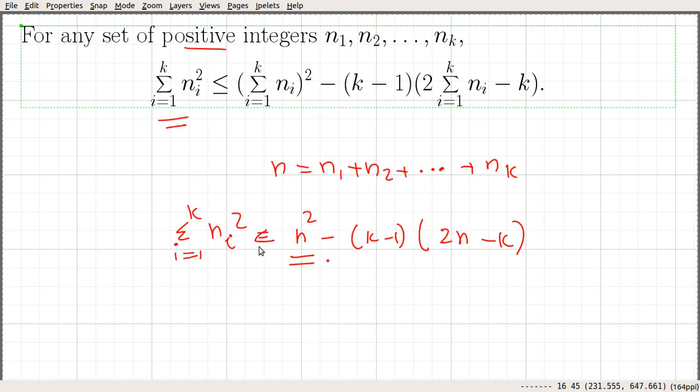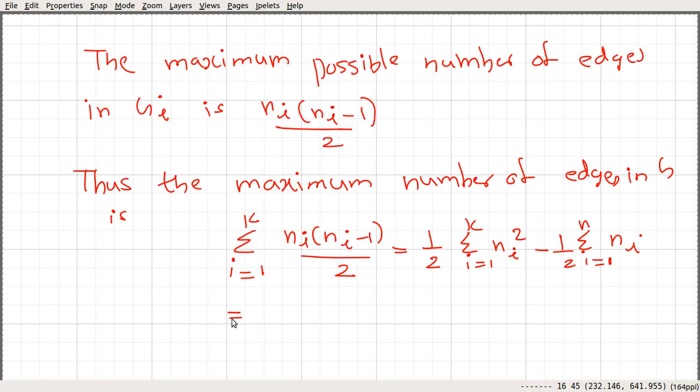So this is less than or equal to 1 by 2 times the result from the next slide, n squared minus k minus 1 into 2n minus k, minus this thing 1 by 2 sigma ni. Again we can see that sigma i equal to 1 to k ni is nothing but n. The rest is just algebra.